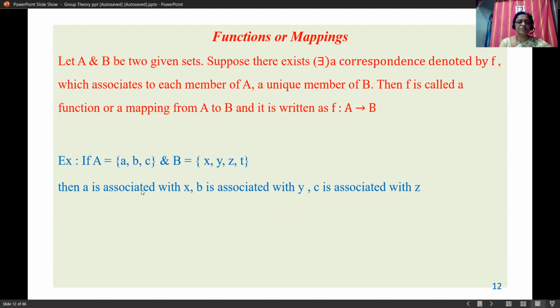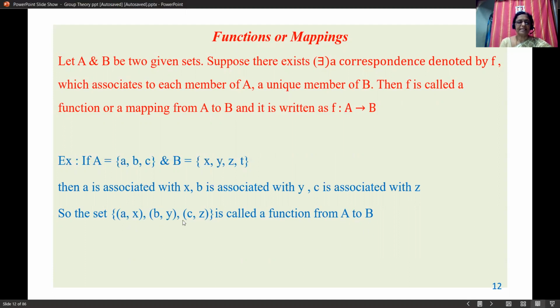So a is associated with x, b is associated with y, and c is associated with z. Then the set consisting of all ordered pairs where the first coordinate is associated with the second coordinate, that is, the set of all ordered pairs (a, x), (b, y), (c, z), is called a function from A to B.